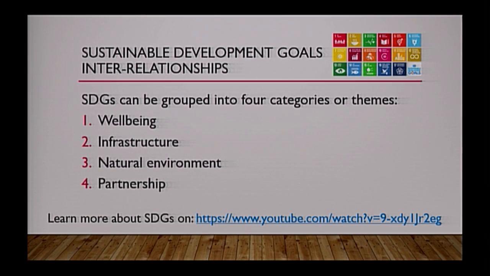You can learn more about the SDGs by following the hyperlink in your materials on this slide. So now we will have a look at a visual representation of the clustering of the UN SDGs, which will help us to see these categories or themes.